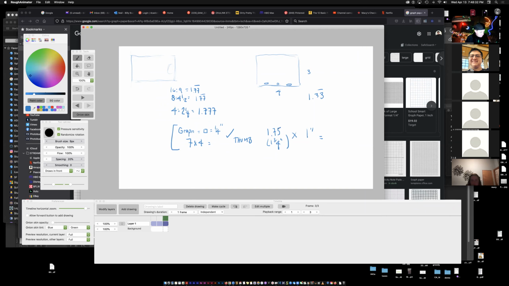Your next thing to do, because these are thumbnails: if you've got squares that are 1 3/4 inches by 1, that's this. So this is 1 3/4 inches by 1, and this is 1.75, which is close enough.